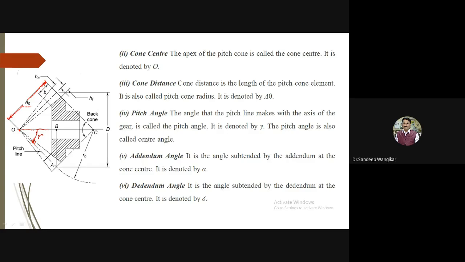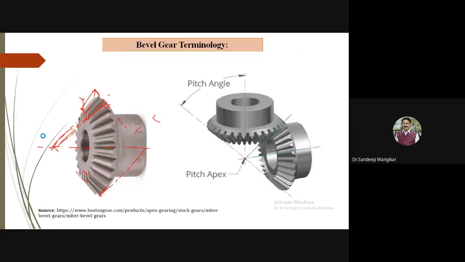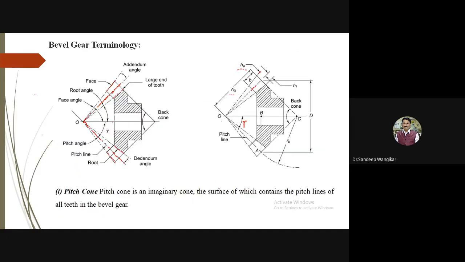Then addendum angle and dedendum angle. I have already given you the idea. The angle subtended by the addendum at the cone center and the angle subtended by the dedendum at the cone center are denoted by alpha and delta. In this figure we can see the angle subtended here, once again, this is the face. This angle I will call the addendum angle, denoted by alpha, and this angle subtended by the dedendum you can call delta.